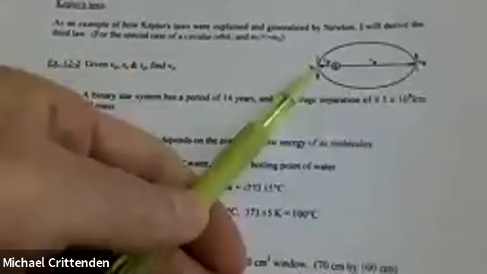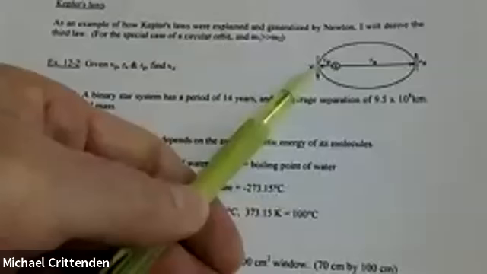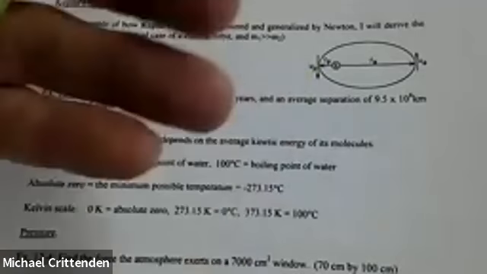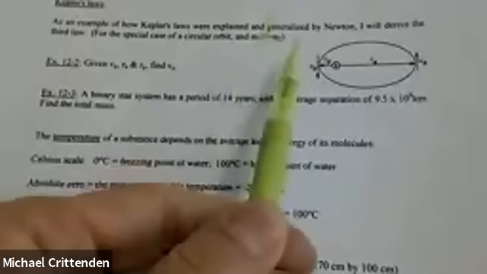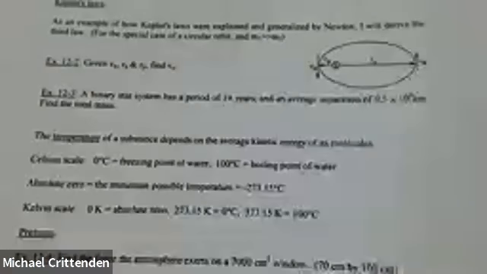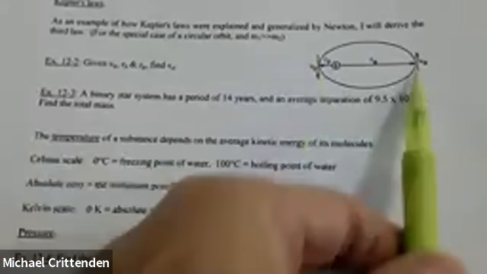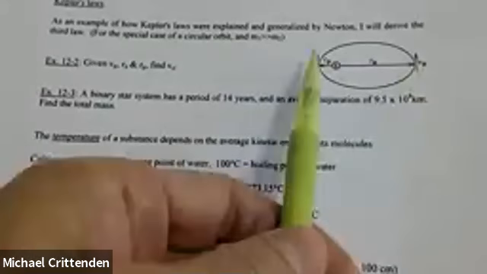Perihelion is the closest point on an orbit to the sun. If something orbits around the Earth, then it's perigee and apogee. If you've got something orbiting around another star, it's periastron and apastron. Anyhow, that's what the P and the A stand for.